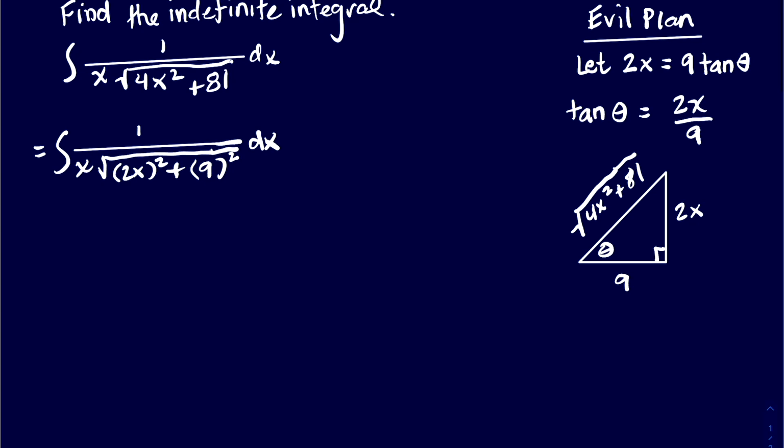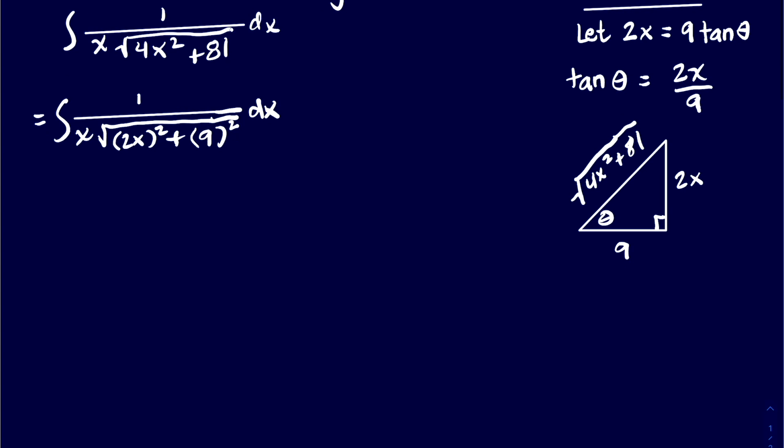Groovy? All right. So now again, we have 2x is equal to 9 tangent theta. And so if I isolate x, we would have 9 halves tangent theta.